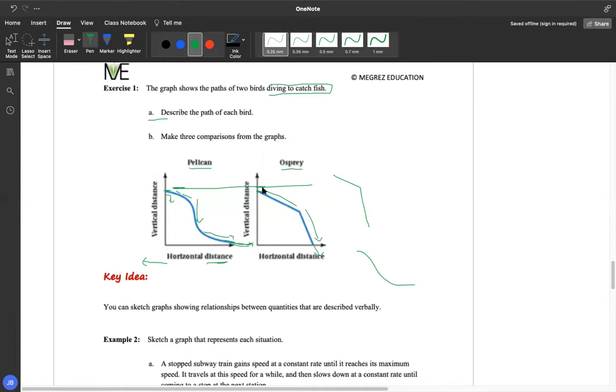So the osprey is diving fast, and then he hits a point, and then he dives even faster, where the pelican is kind of diving, and then he hits a part, and then he almost dives straight down, hits a part, and then almost glides back up. And like Julia said, probably just catches some water in its beak or some fish, and then keeps on flying off. Where the osprey is going to go straight into the water to try to get its fish. And it's going to take a swim. And it's going to take a swim for sure.